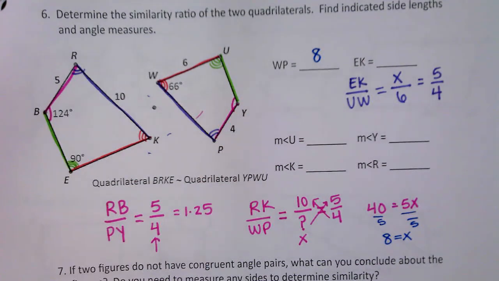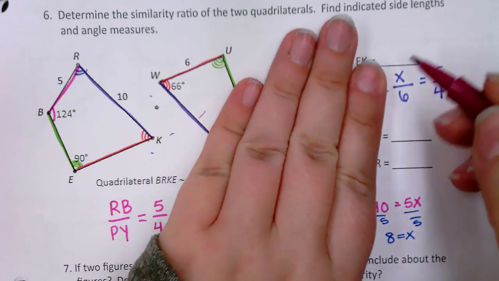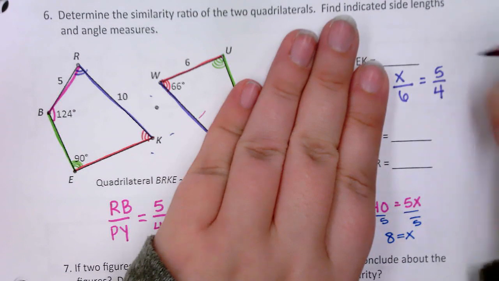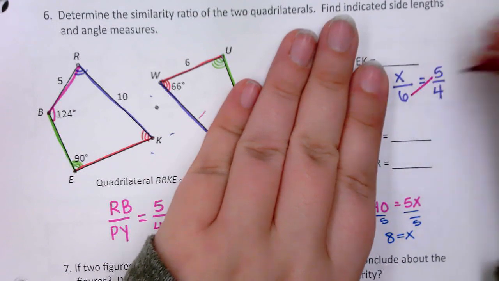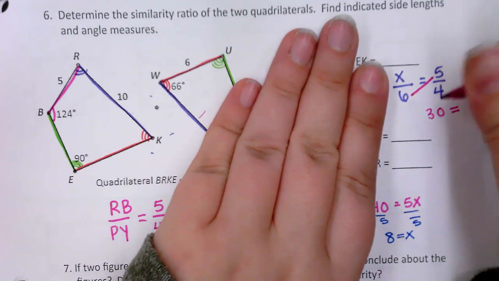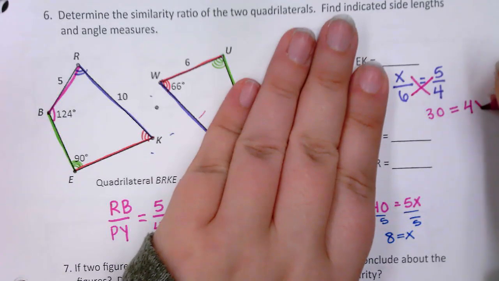And so now to solve this, again, I can go ahead and cross multiply. We're kind of ignoring this part right here. We're just going to focus on these two fractions equal to each other. I'll cross multiply. 6 times 5 is 30. And it's equal to the other cross multiplication. 4 times X is 4X.